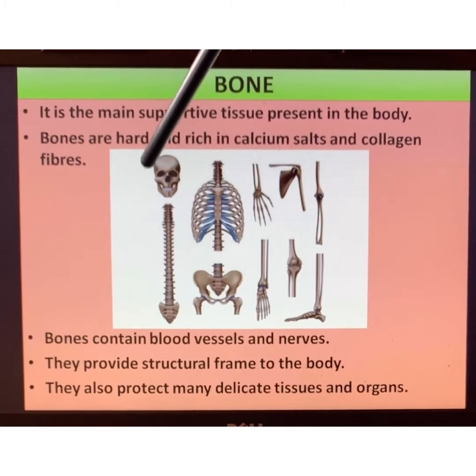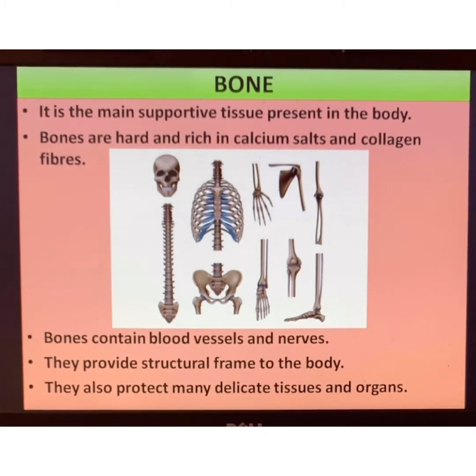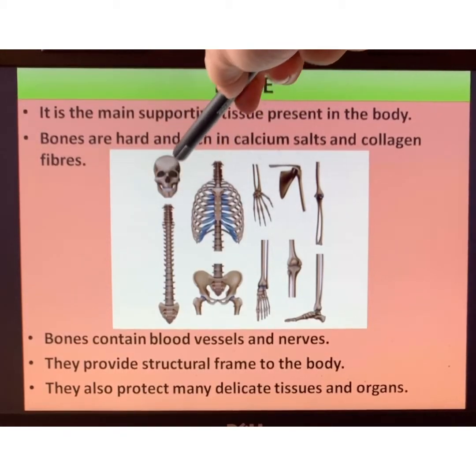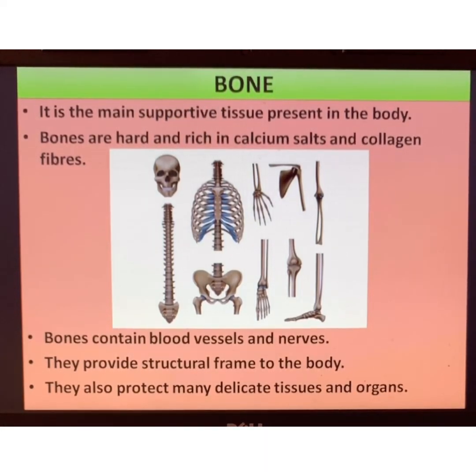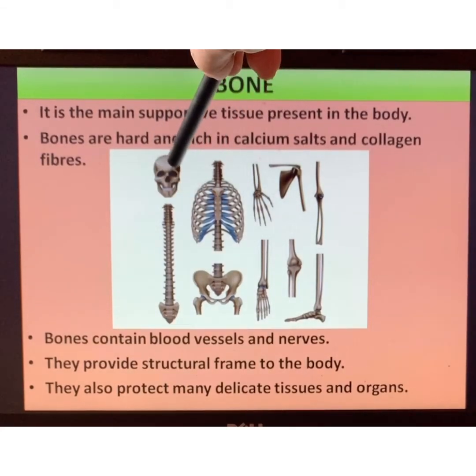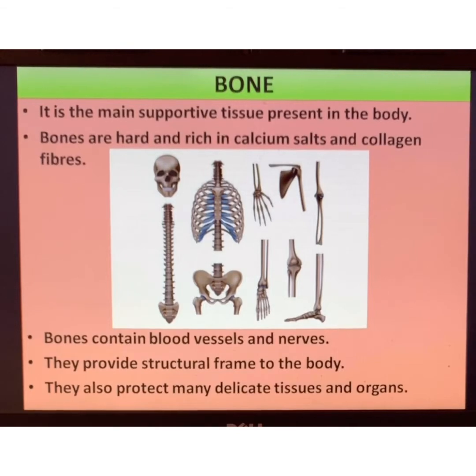This particular part, what is this? The upper part is the cranium. If I say skull, what will that be? The entire structure, the face and the cranium together. This structure is your cranium and facial bones.